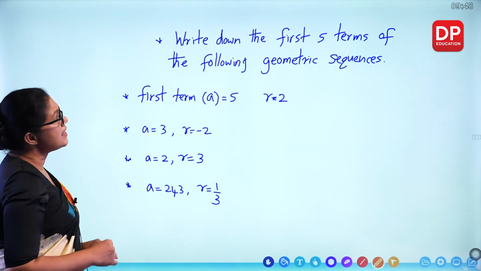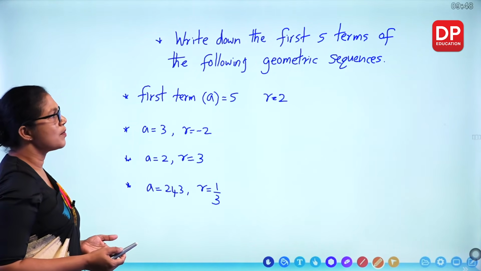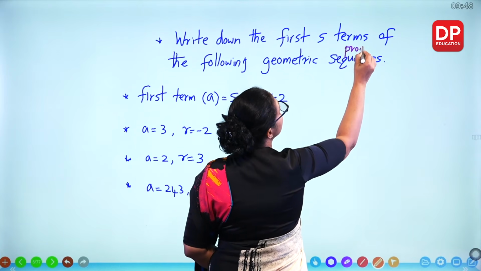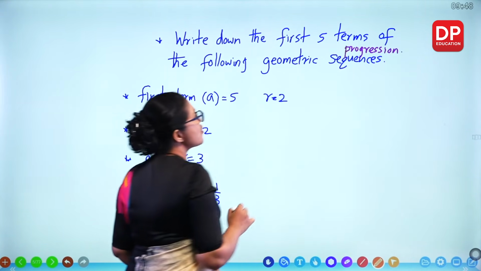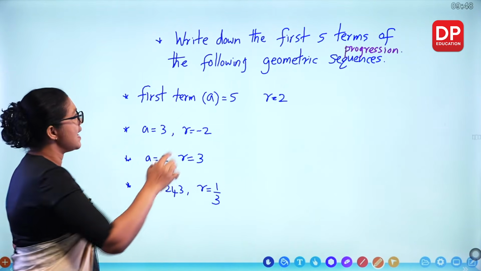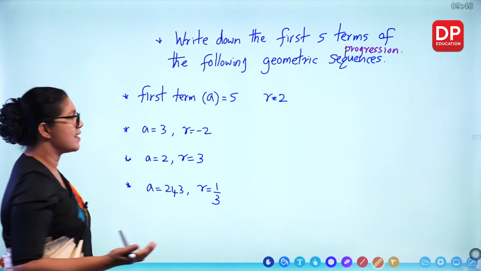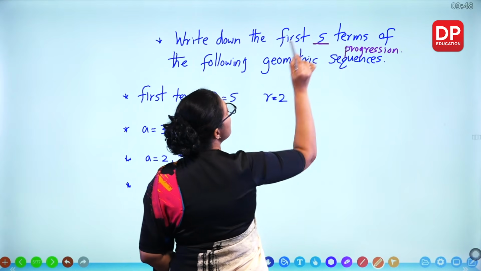Now this one: write down the first 5 terms of the following geometric sequence, or geometric progression, same meaning. First term, I'll take the first term as a. The first term is given and the common ratio is given. So how can we write down the sequence? We need the first 5 terms.